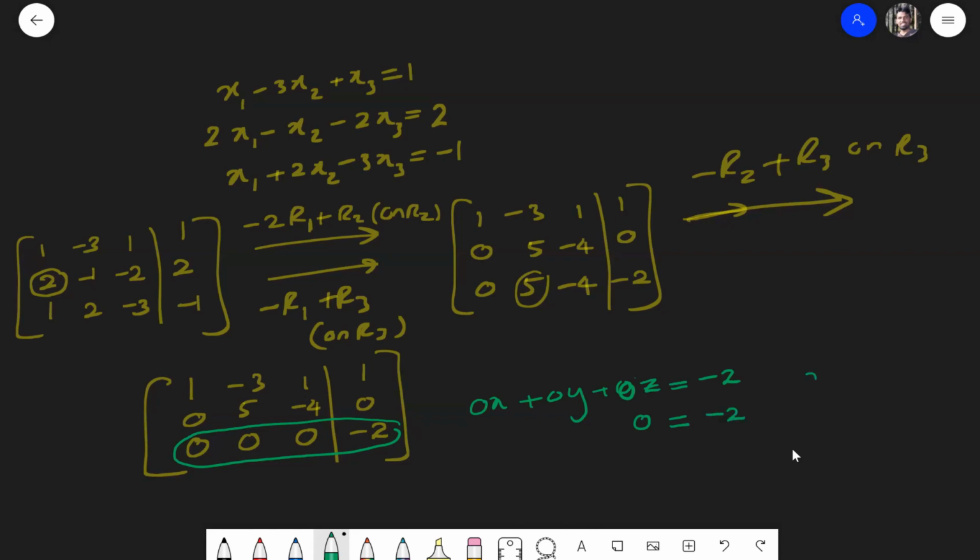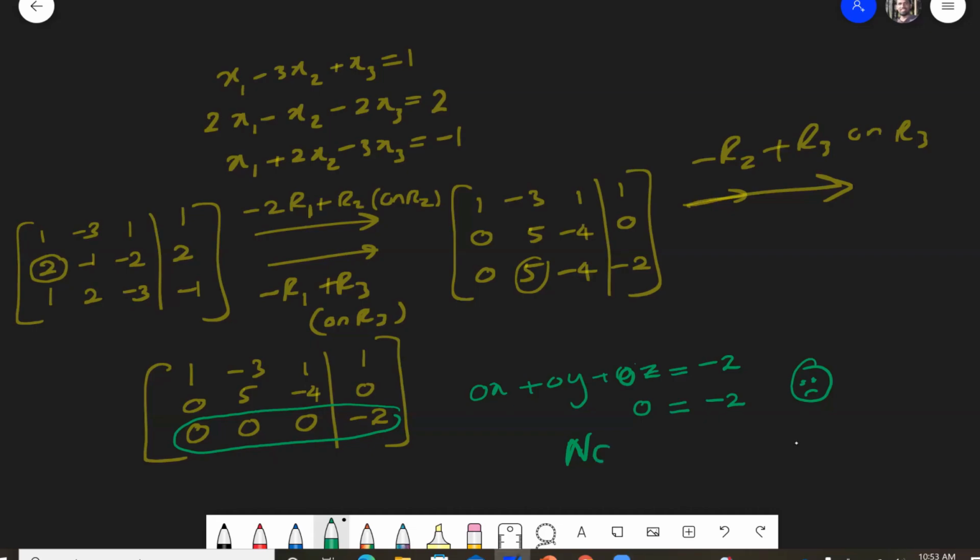Now, this is wrong. You end up having something wrong. This means if you had a row like 0, 0, 0 and a non-zero number, that means no solutions.